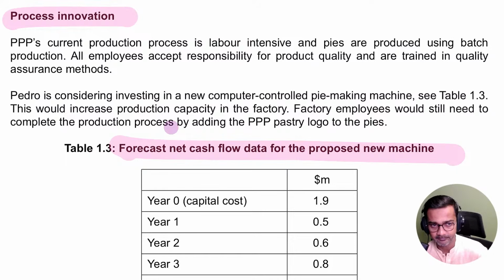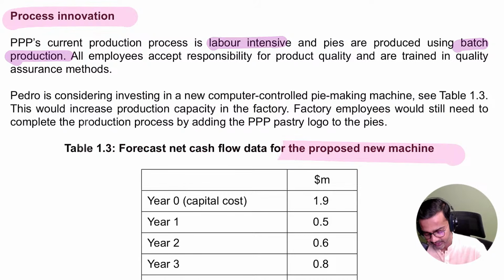So PPP's current production process is labor intensive, and pies are produced using batch production. So I want to start making note of these things. So labor intensive, batch production. All employees accept responsibility for product quality and are trained in quality assurance methods.